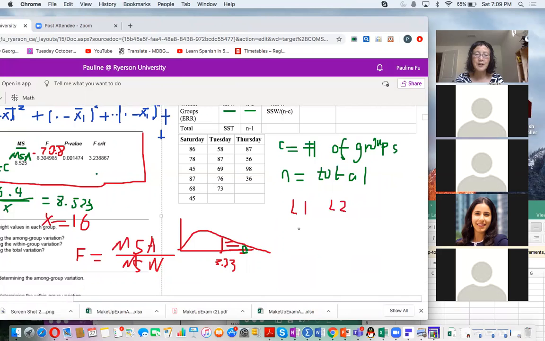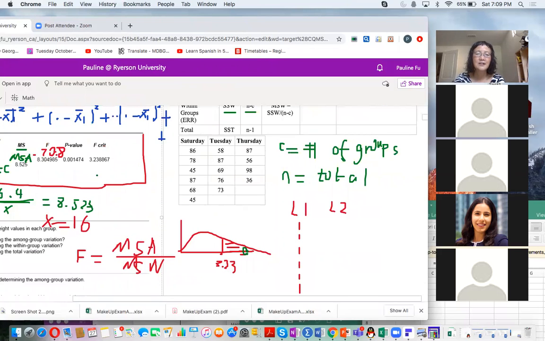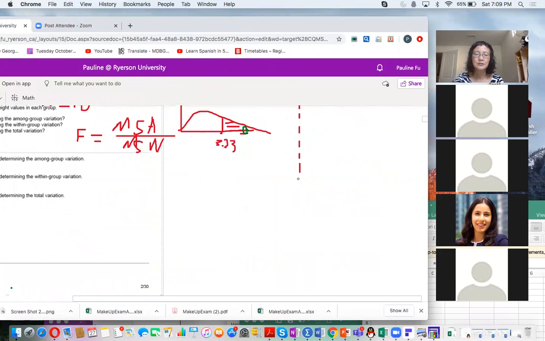So you type in 1, six times, because there are 6 students in group 1. And then there are 5 students in the Tuesday class. So you type in 2, 5 times: 1, 2, 3, 4, 5.